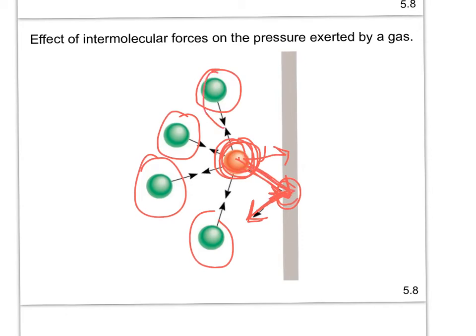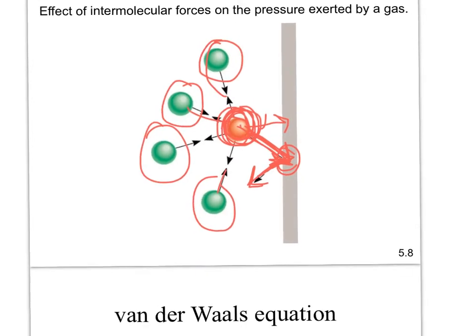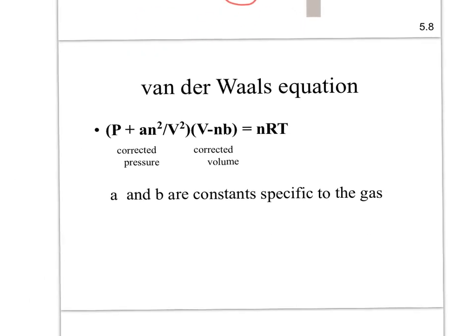So these attractions could potentially slow down this little red ball, and it won't hit the wall with as much force. So you can see how polar gases might cause deviation from ideal behavior, because they affect the velocity of the gases themselves due to these attractions.